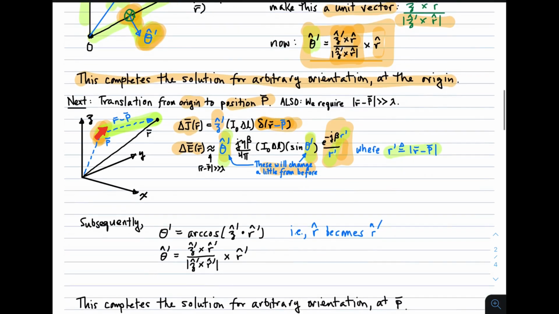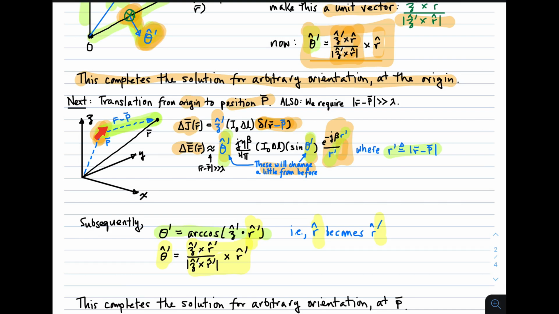So now if we work out what theta prime and r hat prime are going to be, well, we've already done the work. Theta prime is just arc cosine z hat prime dot r hat prime. This is different because r hat has become r hat prime. And theta hat prime is just going to be given by the same expression we had before, again with r hat replaced by r hat prime.